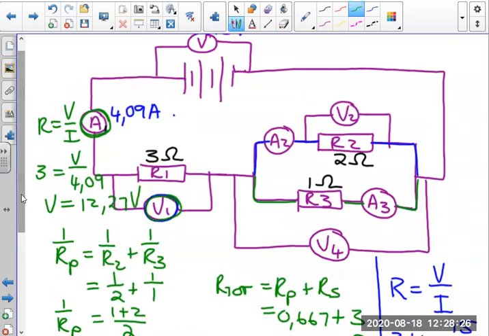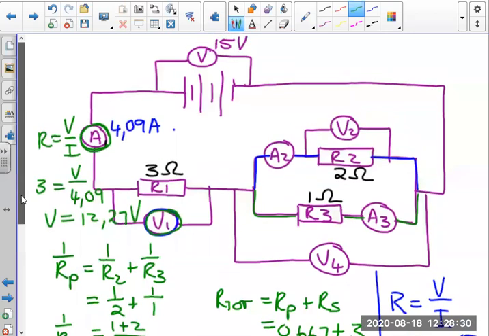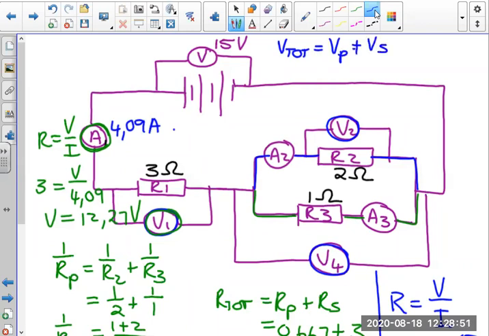Then I know that the volts in parallel plus the volts in series will give me the total voltage. And I know that V2 and V4 have exactly the same reading. So V total equals V in parallel plus the voltage in series.